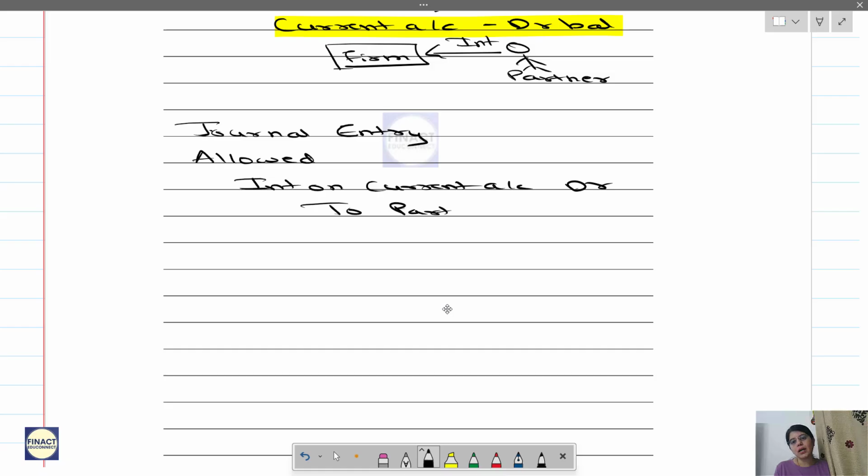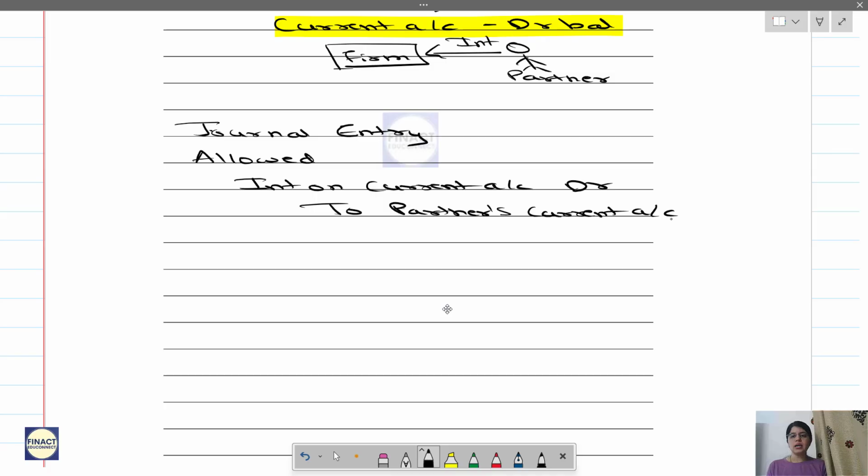Now why do I know this is partner's current account and it will not go to the capital account? Because since it has interest on the current account, it is assumed that it is a fixed capital method. We are giving interest on current account, that means there is a current account. So it won't go to capital account, it will go to current account directly. That's why I am not writing partner's capital or current account over here.